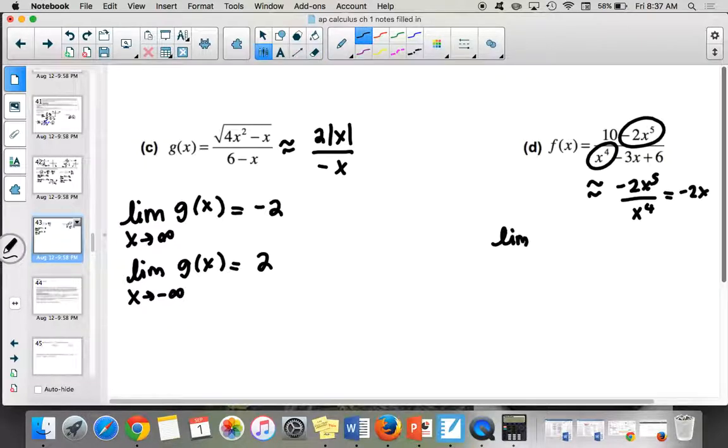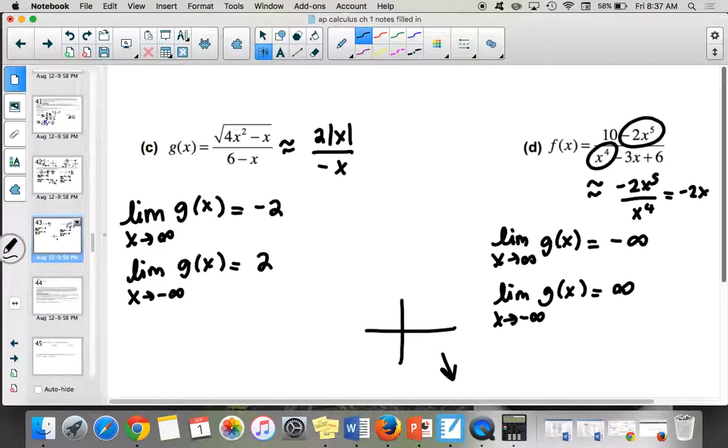So as I plug in infinity, I get negative infinity. And as I go to negative infinity, I go to positive infinity. So that means the ends are like on the left, as x values go negative, y values go positive. It looks like that. Make sense?